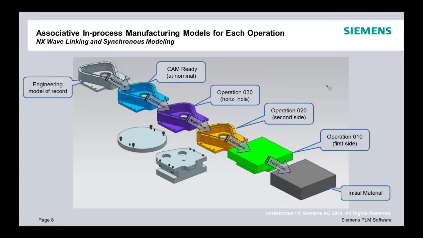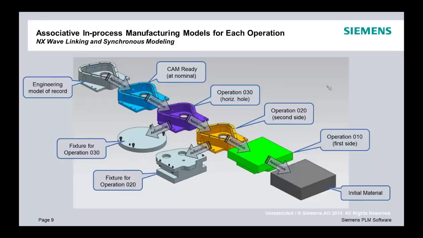And as we make these steps from one to the other, each is associative to the one before, and basically they are just simply defeatured using the synchronous modeling tools that make this very easy to do. Now, in addition to these components all being associative to each other, fixtures for specific operation steps can also be associatively developed using the part or specific faces of that part as the starting point for the template development.